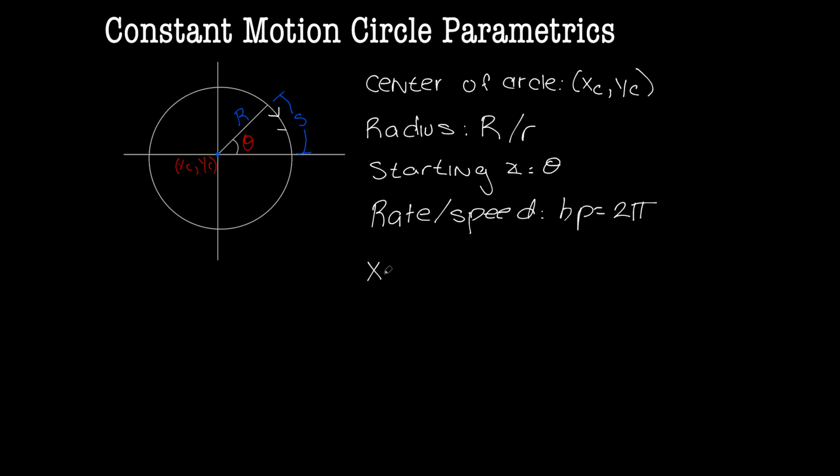Well, now we know that we have x of t, because we're using parametrics, and y of t. So x of t equals, sorry, it's the center point, the x value, plus the radius, cosine, our starting angle value, plus our b times t.